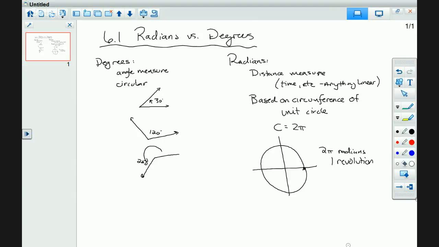Okay. So if I said pi radians, how many revolutions is that? A half, yeah. It's a half, right? Because 1 pi, 2 pi. Okay. This is also 3.